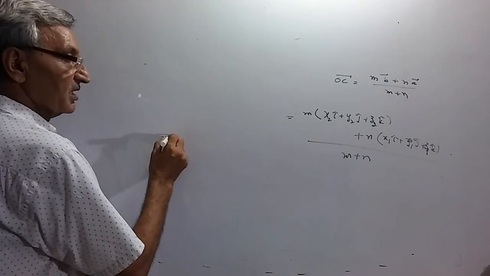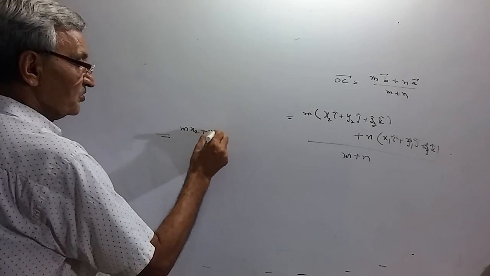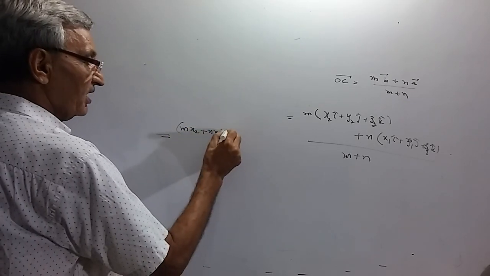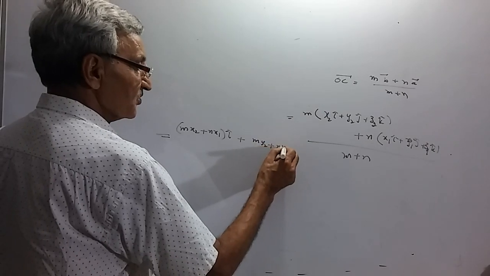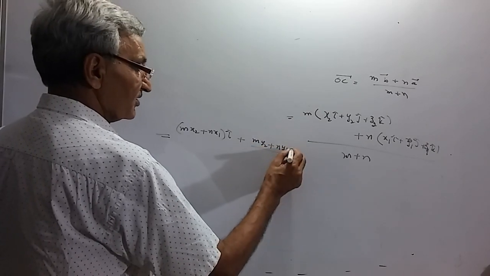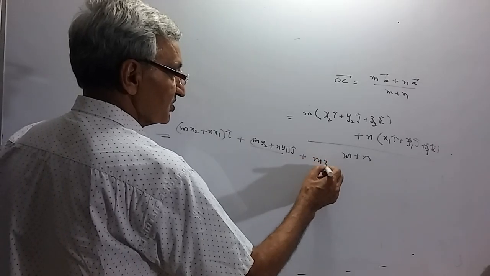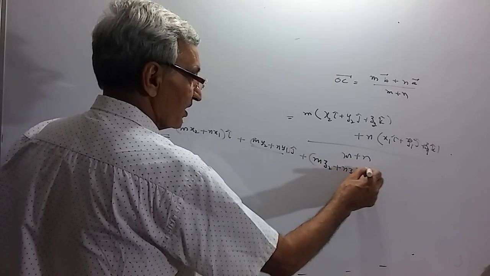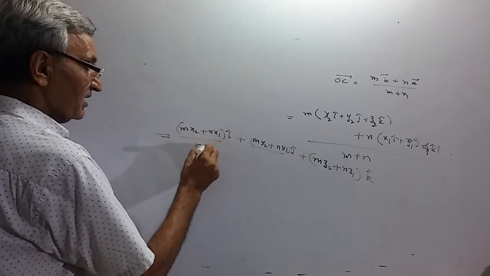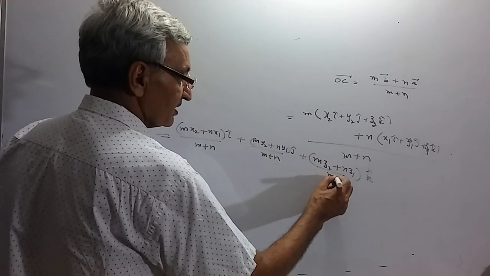That is (m x2 plus n x1) i plus (m y2 plus n y1) j plus (m z2 plus n z1) k, all divided by m plus n.